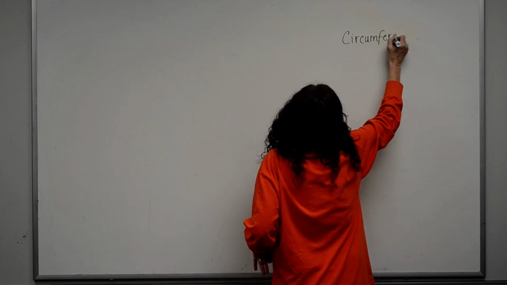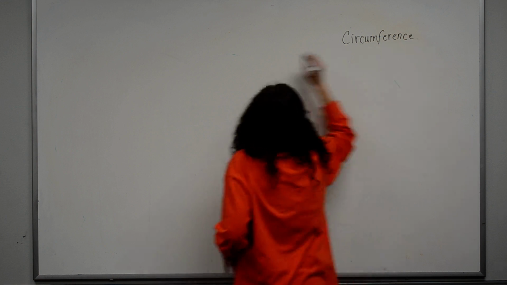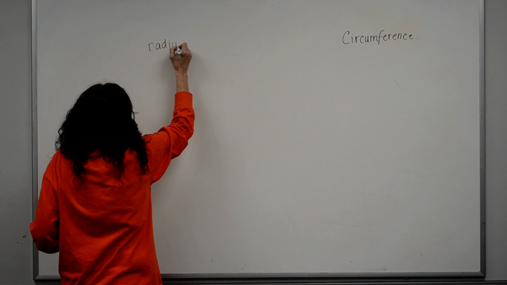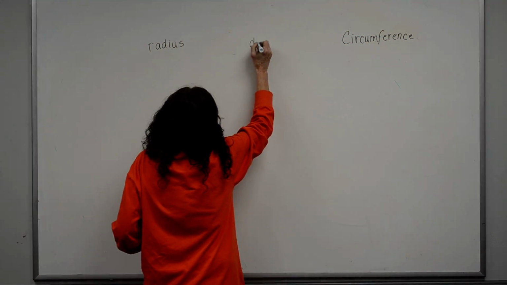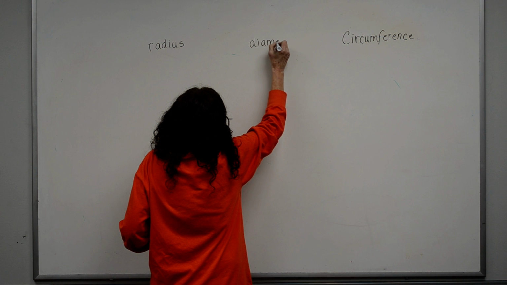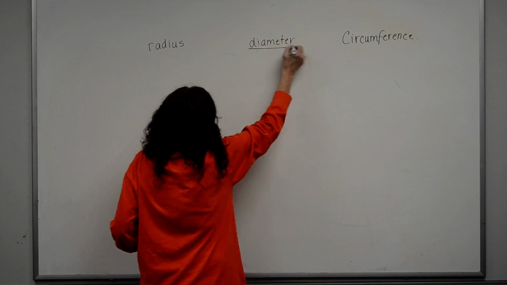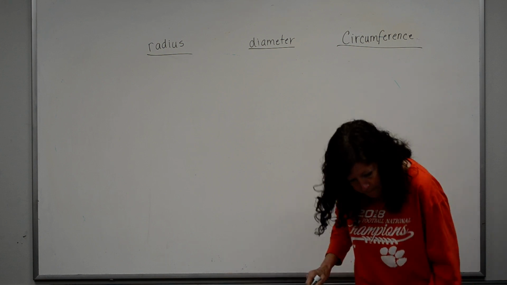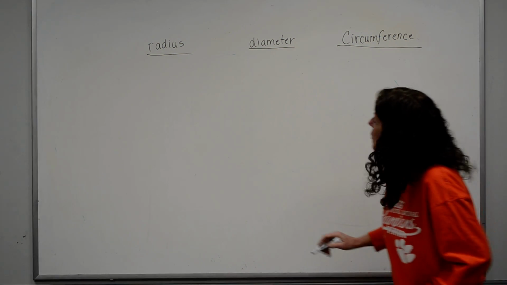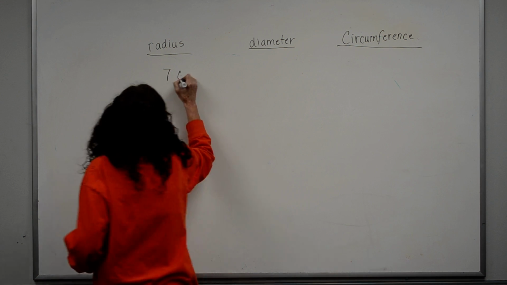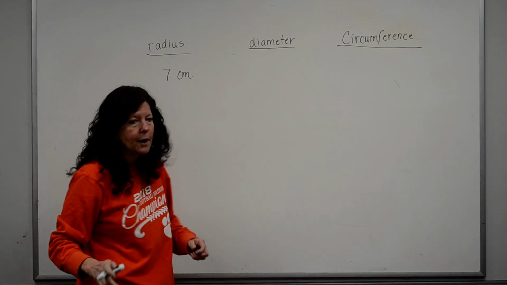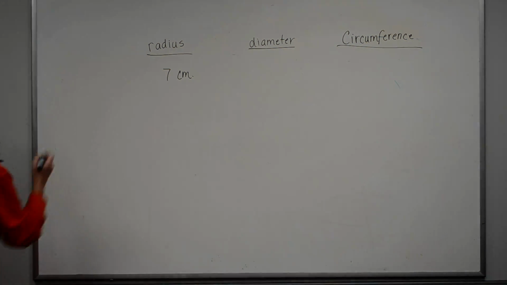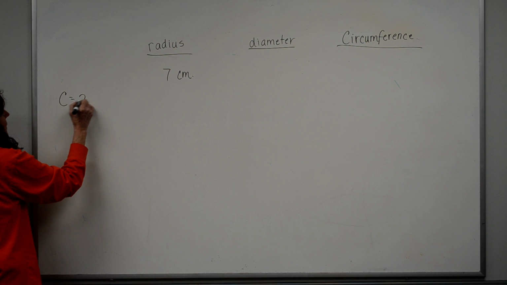Okay, let me do it this way. Okay, just depending on what they give you. Let's say they give you that the radius is 7 centimeters. How am I going to find the circumference if they give me that as a radius? You times the diameter, maybe?